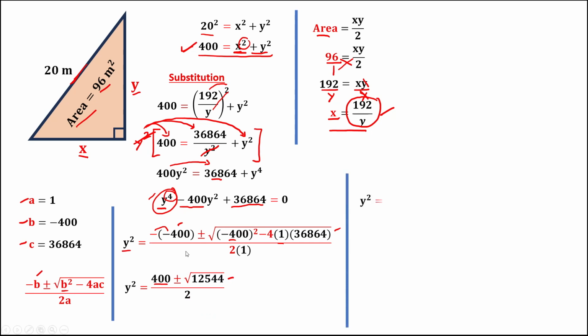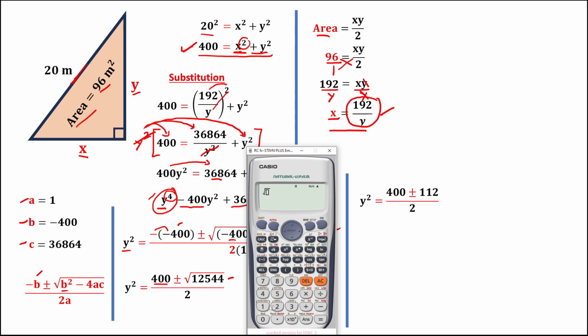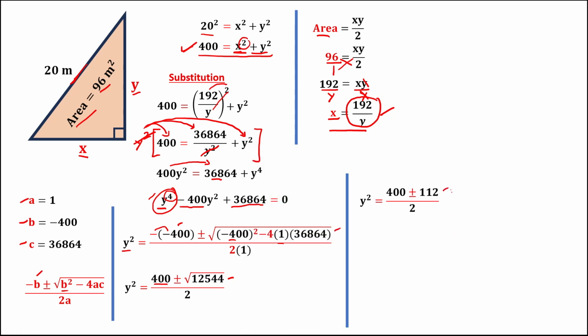Then to simplify, the square root of 12,544 is 112. Then we can separate now this plus and minus.